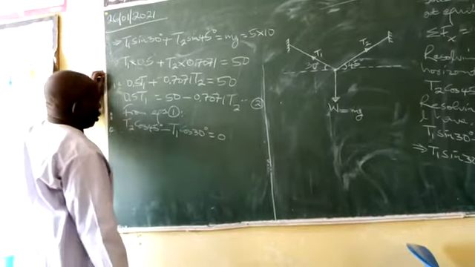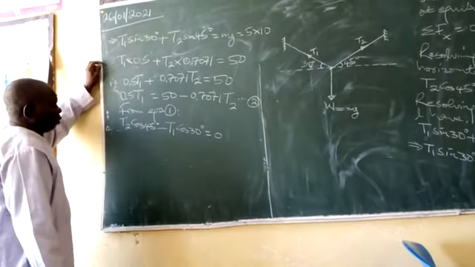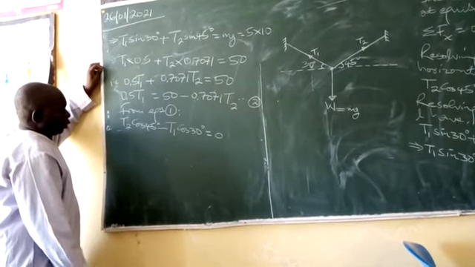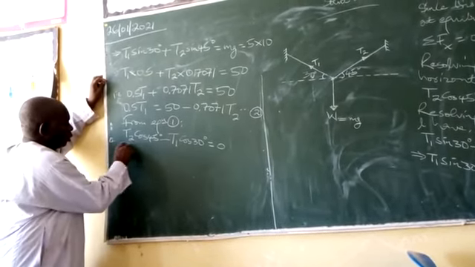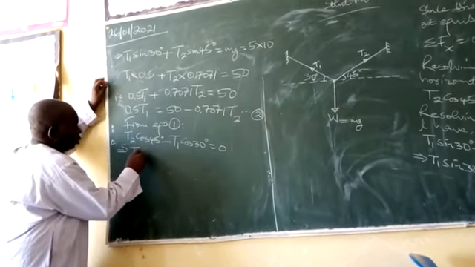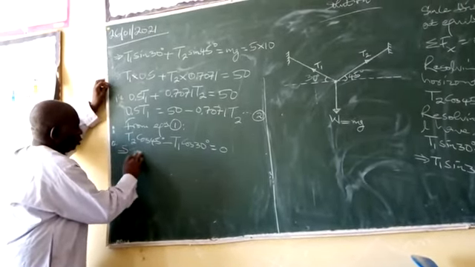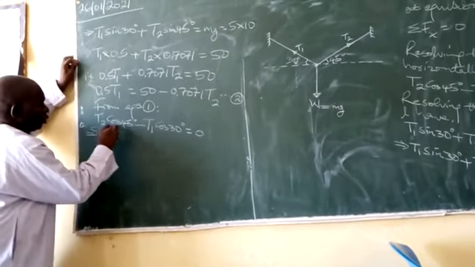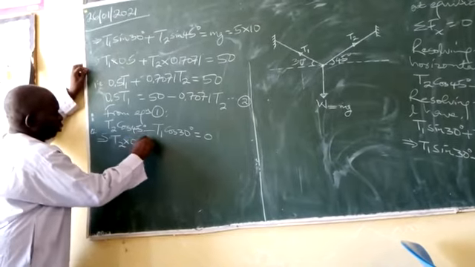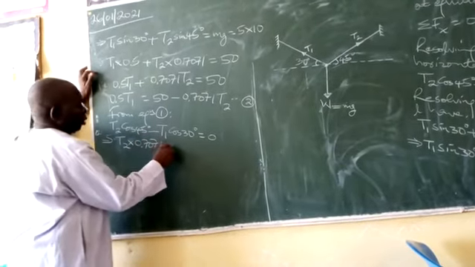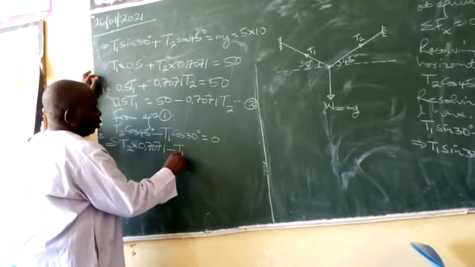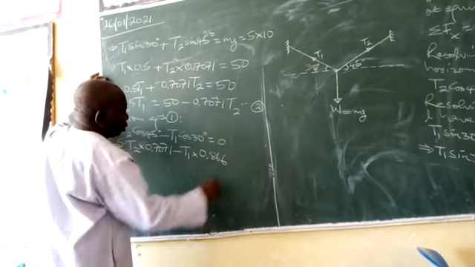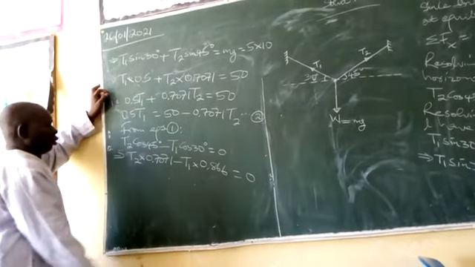So this is what I have. Let me go slowly so that you understand. T2 times cos 45 is 0.7071, minus T1 cos 30, 0.866, equals 0.